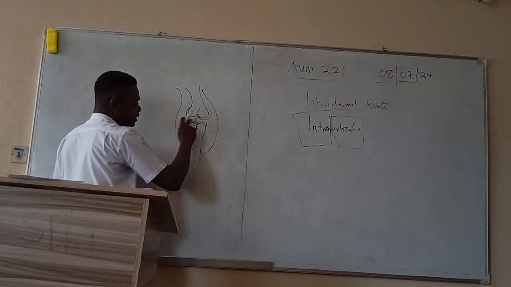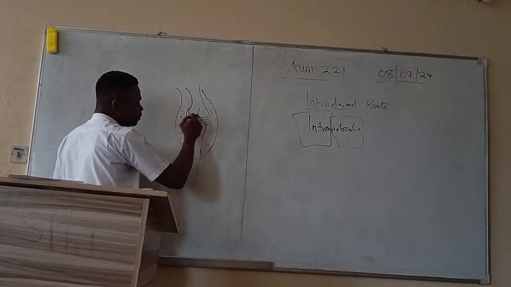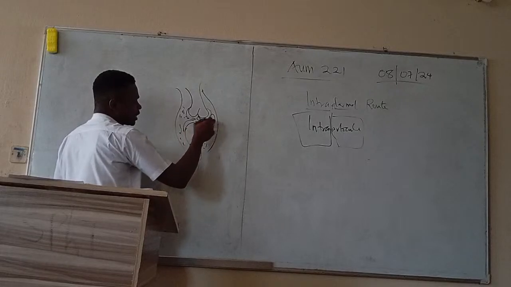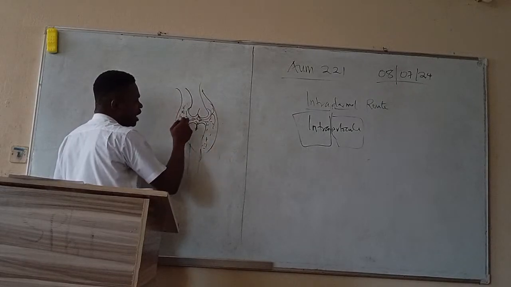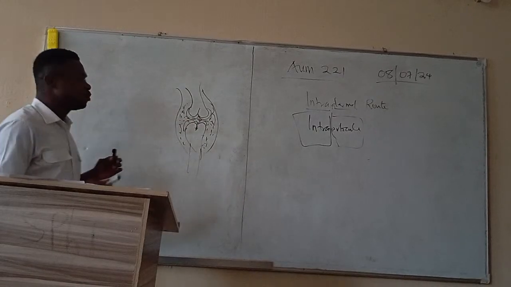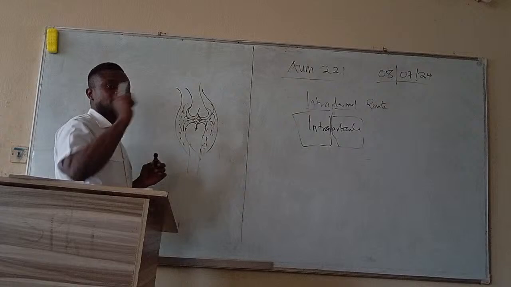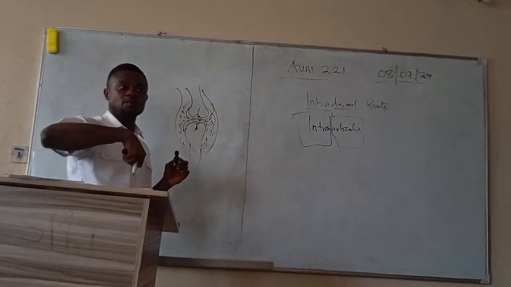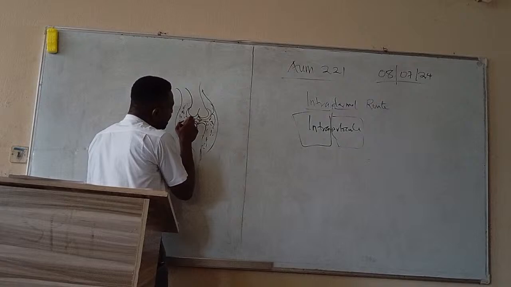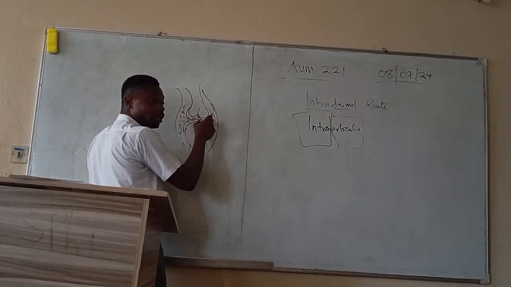Inside this is fluid. There's a space here. This space is what is called the synovial cavity. And you have the synovial fluid inside this, so that acts as lubrication and serves as a shock absorber within the joint cavity.